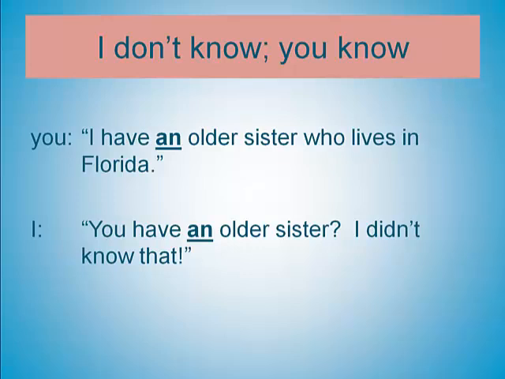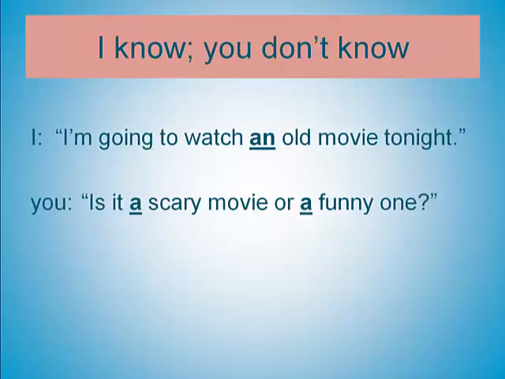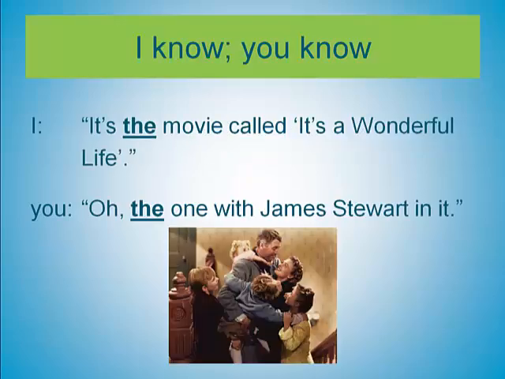Or maybe I say, I'm going to watch an old movie tonight. I know which one I'm going to watch, but I know you don't know which one. You ask me, is it a scary movie or a funny one? But then I tell you which movie it is, and now we both know, so we use the.